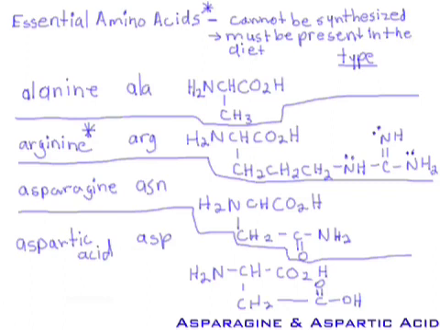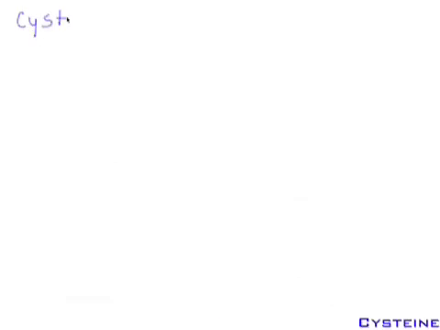Let's move on. Taking a look now at the amino acid cysteine. Cysteine I mentioned previously in the alcohol section last semester, actually in the section of thiols, being responsible for curly hair, and cysteine was mentioned as an amino acid.